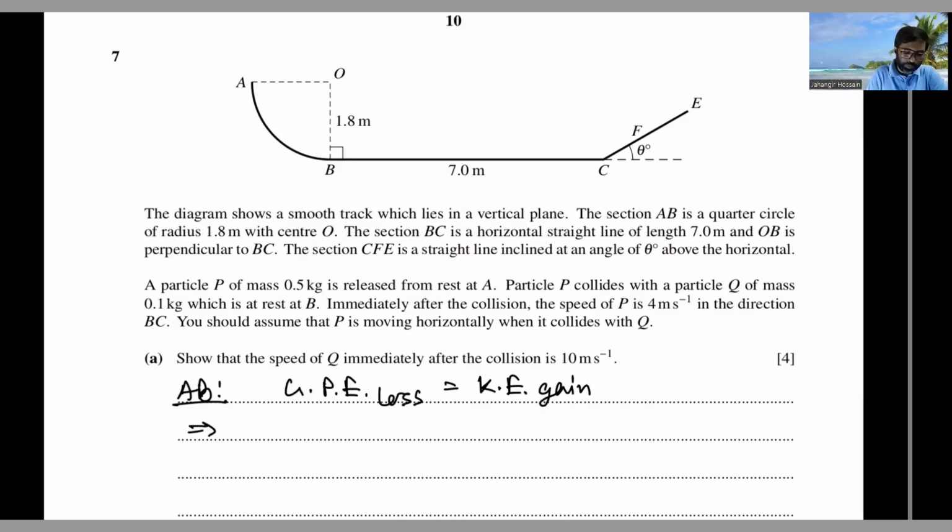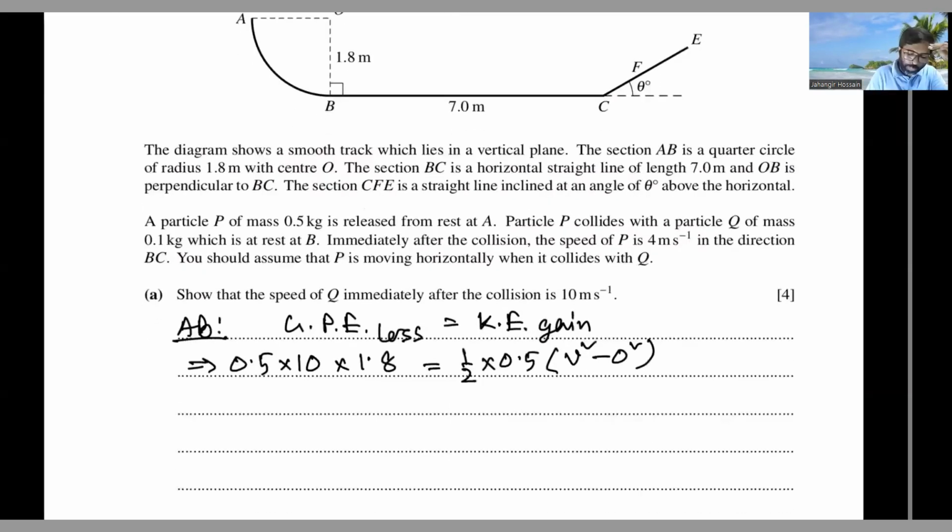In that case, the loss of GPE is mass of P, 0.5, times 10, times the loss in height 1.8, equal to half times 0.5 times v squared. Remember, KE gain is half m times v squared minus u squared. Here v is unknown and u is 0.